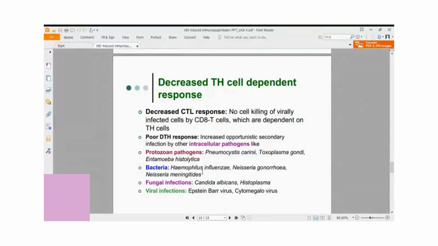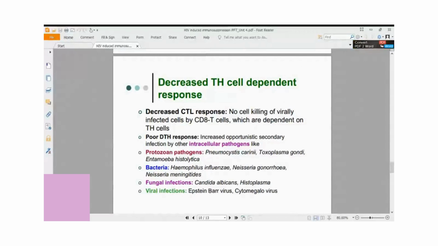Otherwise, naturally, these pathogens would have failed to infect the person. Why? Because his CD8 T cells would have been active, his NK cells would have been active, his TH cells would have been active, and B cells would have been active, which would have culled and prevented that infection. But unfortunately, because of the depletion of TH cells, the person will suffer from multiple infections from different pathogens.